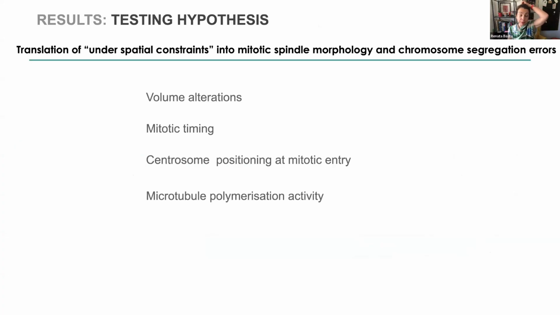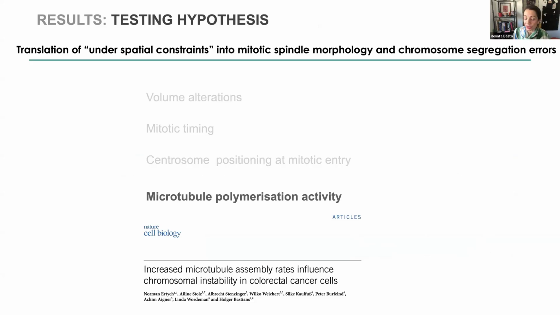And so we had several hypotheses that I'm not going to tell you about because they are all negative. We didn't see any differences in volume, mitotic timing, or centrosome positioning at mitotic entry that could explain these differences. But I'm going to focus on microtubule polymerization activity, and we have to acknowledge that this was partly influenced by the work of Holger Bastians' lab, where he has shown that decreased microtubule assembly rates influence chromosome segregation in colorectal cancer cells.